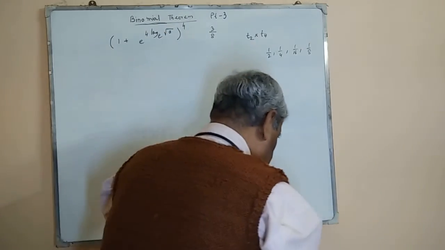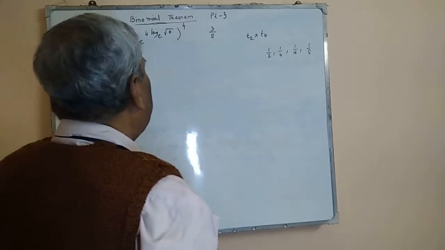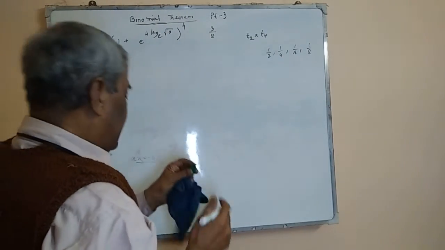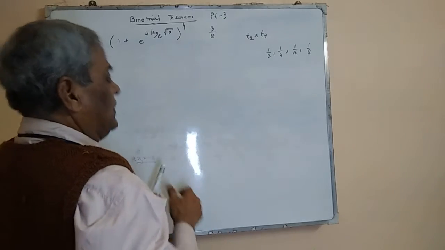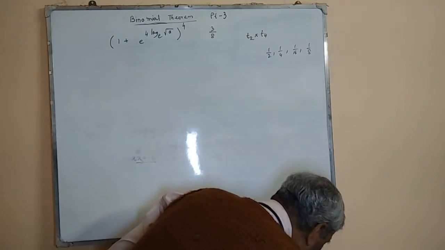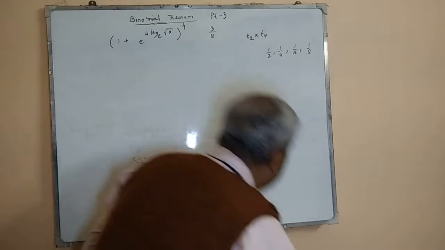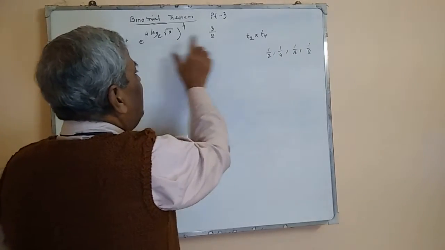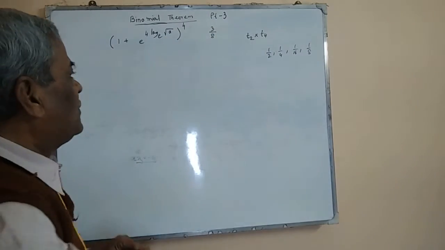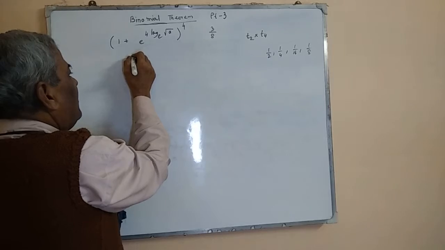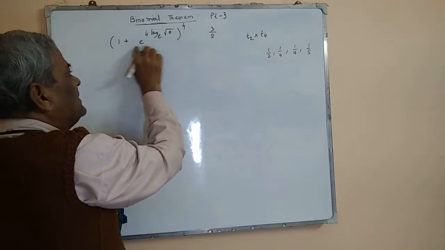The question, once again I am repeating, is about a binomial whose third term is given as 3 by 8. So T3, okay, before that I simplify it.